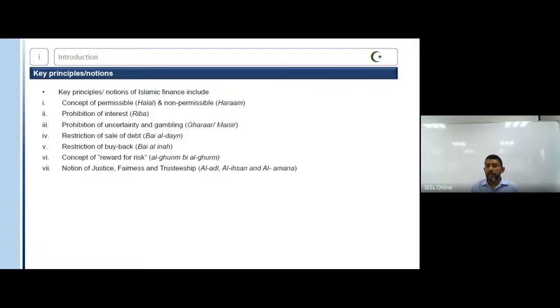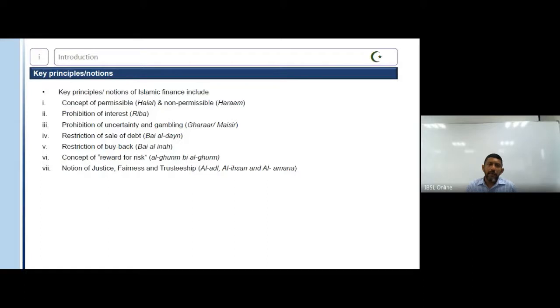So it's not a very specific area, it's a generalist area. And it is up to the Sharia councils to look at and evaluate, and sometimes they question whether certain transactions fall into these principles.